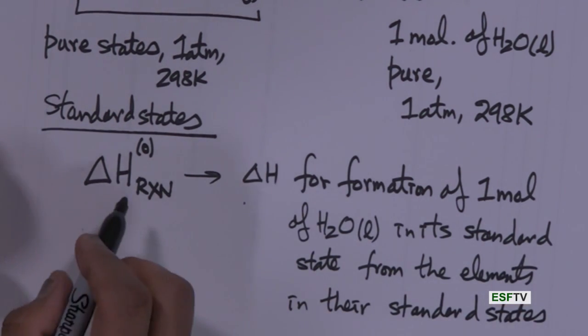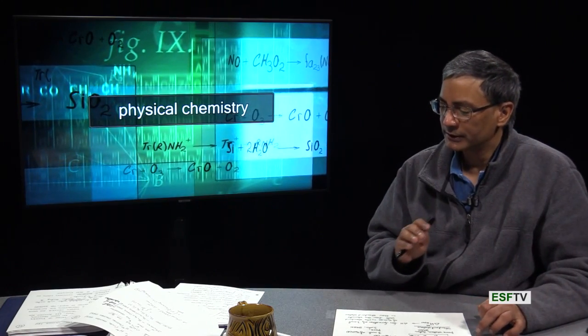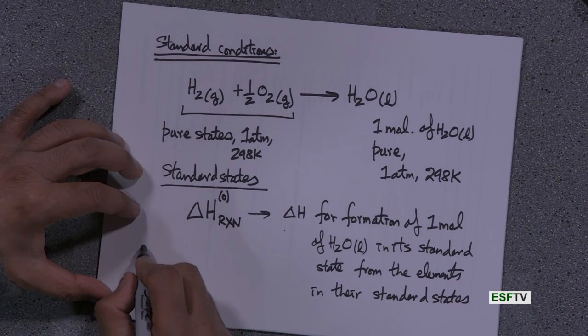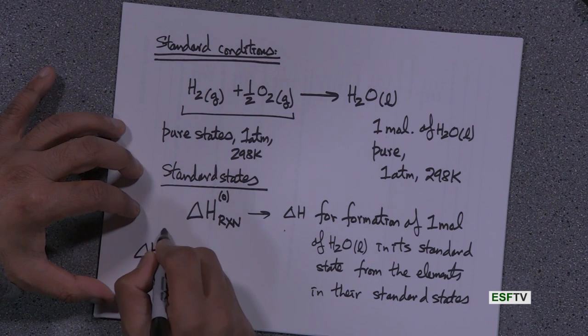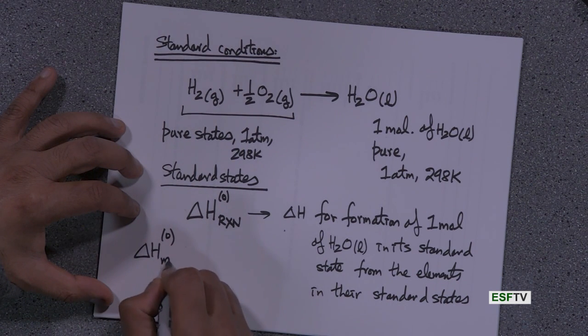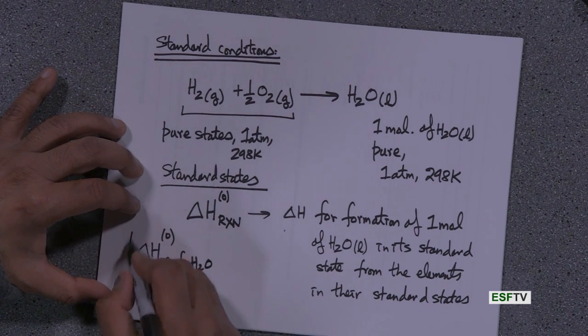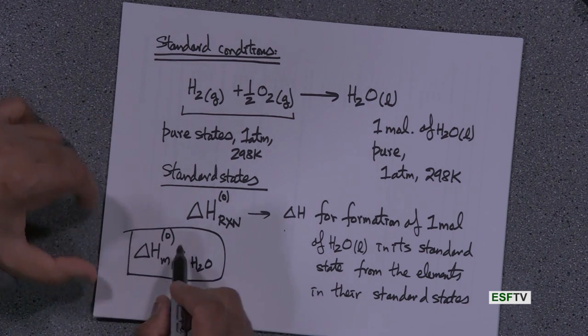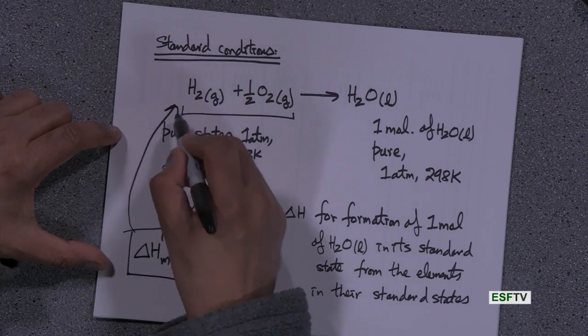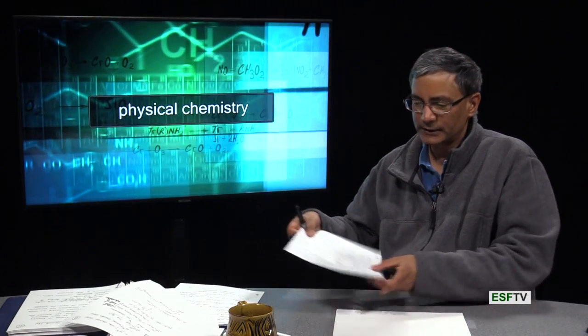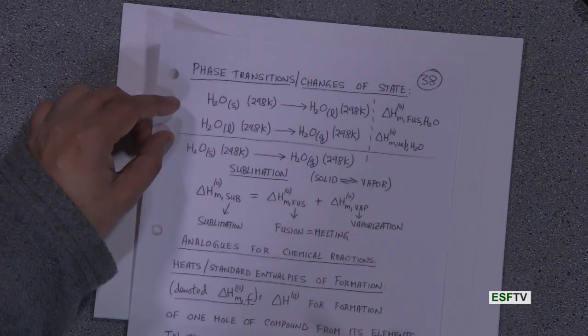That is called, this has a name, this is called the standard enthalpy of formation per mole of water. That's the delta H superscript 0 per mole for formation of H2O. That's the change in enthalpy for this reaction. And that's what it says here on page 38.